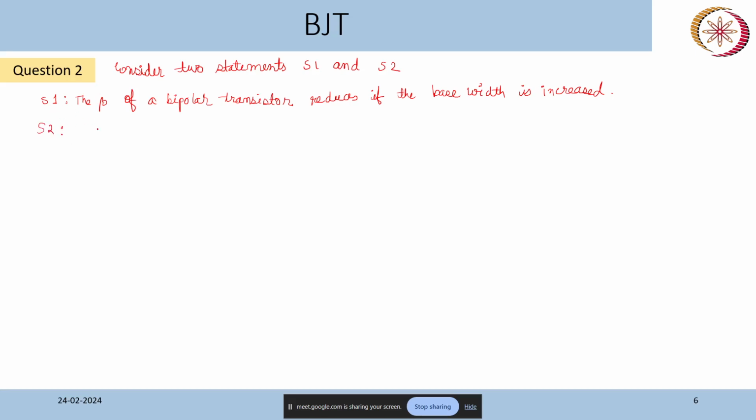And statement 2 is the beta of the bipolar transistor increases if the doping concentration is increased.